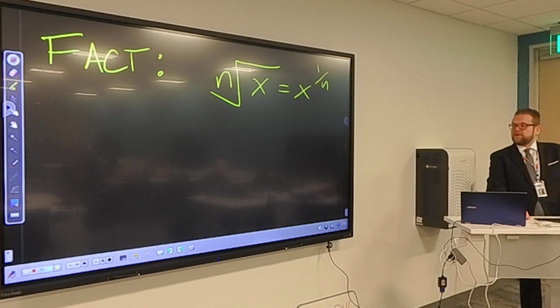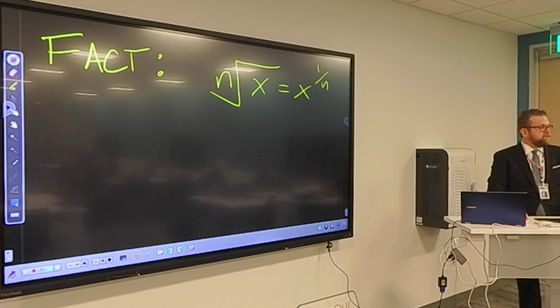We will make use of this fact. It is a rephrasing of the square root in terms of an exponent. The exponent is 1 over n.